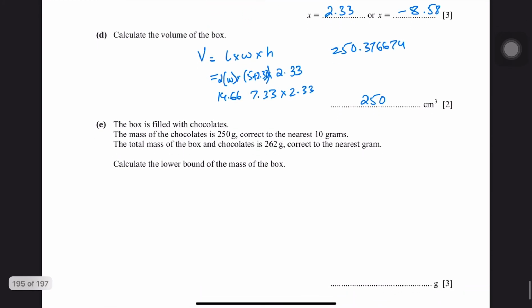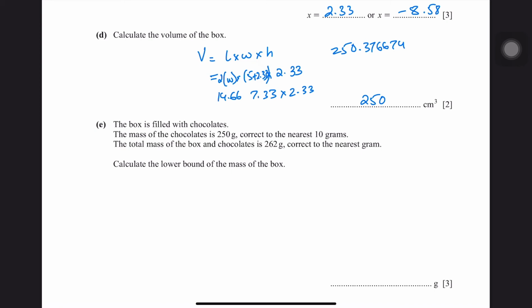And since the box is filled with chocolates, the mass of the chocolates is 250, correct to the nearest 10 grams. So this looks like a question on upper bound and lower bound. The total mass of the box and chocolates is 262 grams, correct to the nearest gram. Calculate the lower bound of the mass of the box.